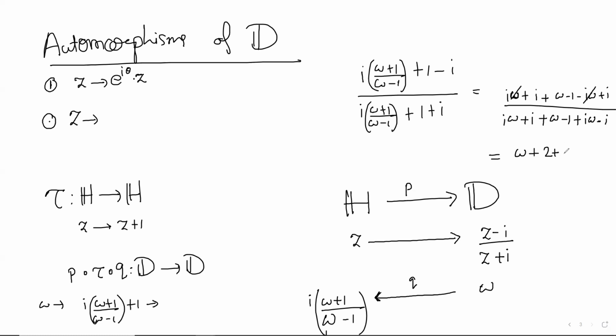But maybe it is not strange. We have to identify what it is, then maybe it will not be so strange. I and minus I cancel. So then there is omega minus 1. No, wait.